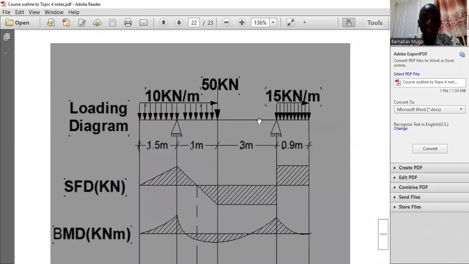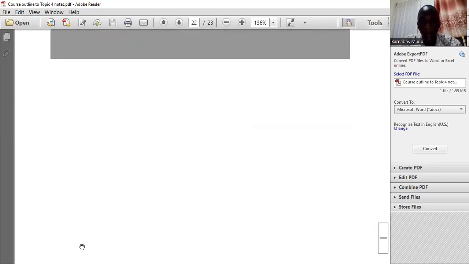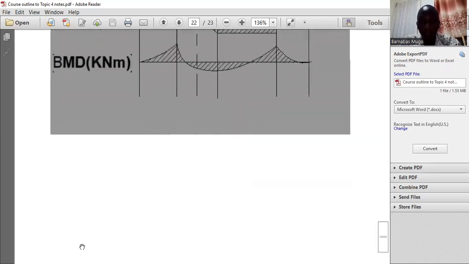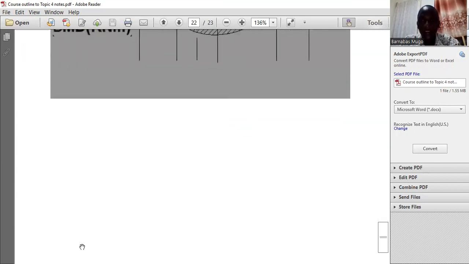I'm just going to give you a hint of what you're supposed to do. You calculate the loading, yes. You draw the first diagram, the loading diagram. Then below that, you draw the shear force diagram, and then you draw the bending moment diagram. That is just what we did in structural mechanics 1. That is exactly what we are supposed to do.